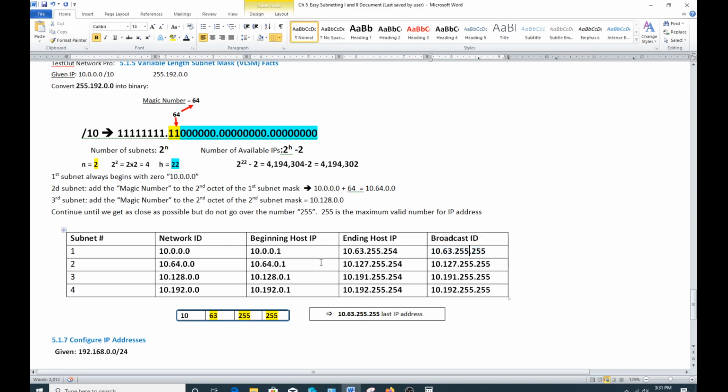Well, how do I know that? Well, because I look at the second subnet, it starts at 10.64.0.0. So my largest third octet number should be one less than this right here, which is 63. Now, how about 255, 255? Where did I get it from? Well, let's look at this bit.